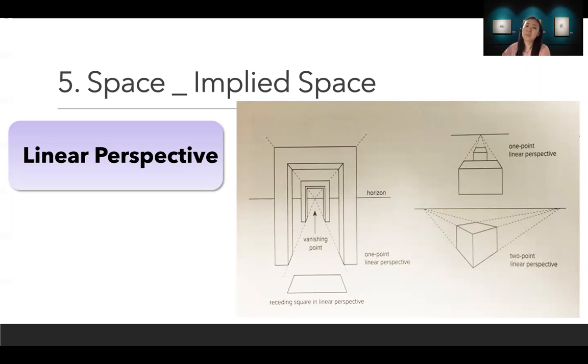The left one, the gate view, is a one point linear perspective with the vanishing point at the center of the implied space. And this is a good perspective technique for compacting many objects in a limited space.